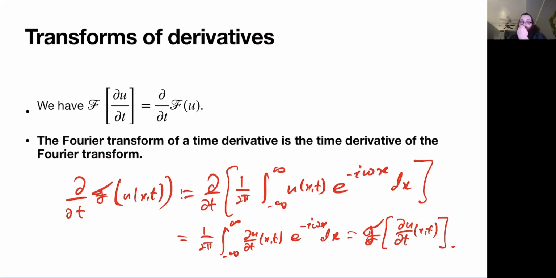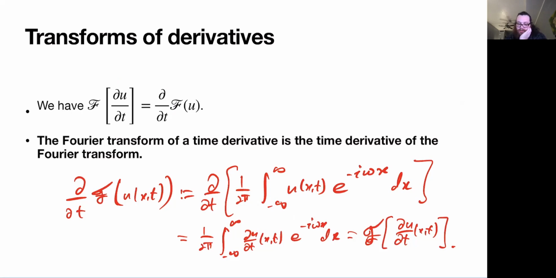So time derivatives don't really care. You can move them in or out of the Fourier transform. That's all well and good. You can repeat this to get that the second time derivative also commutes with the Fourier transform.